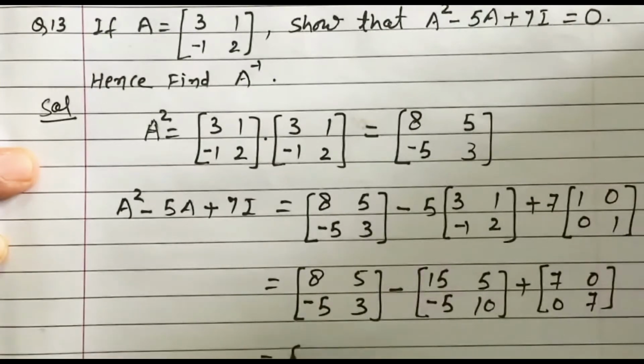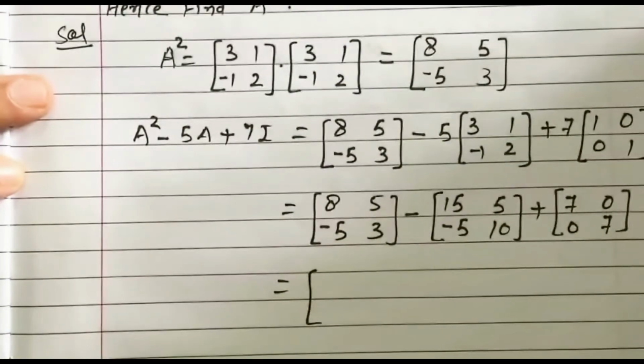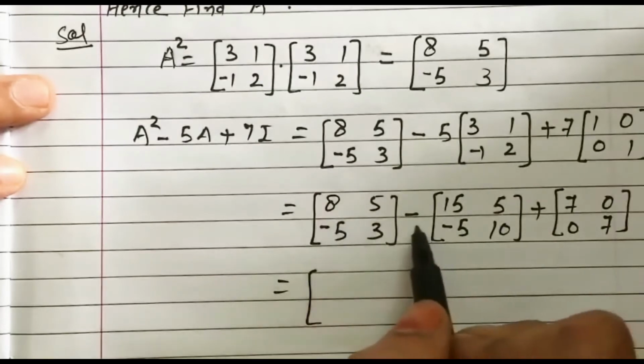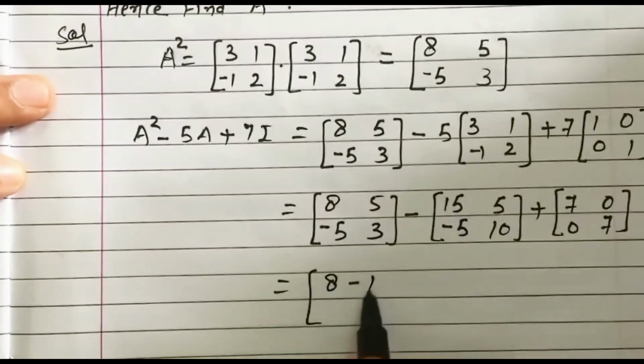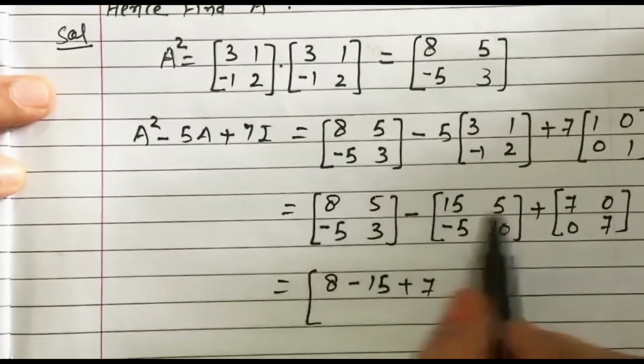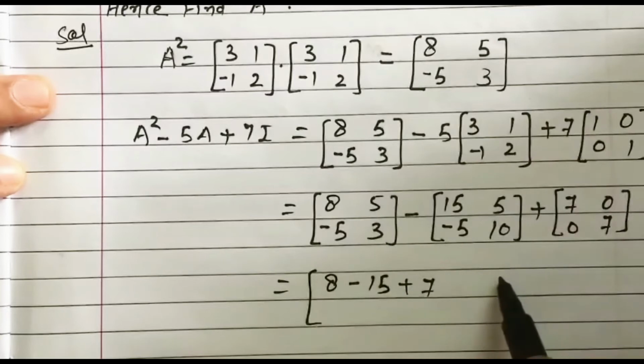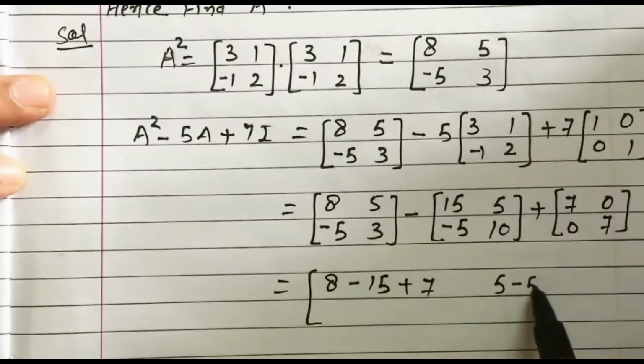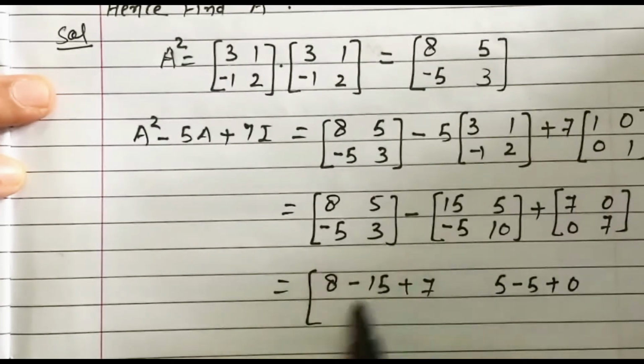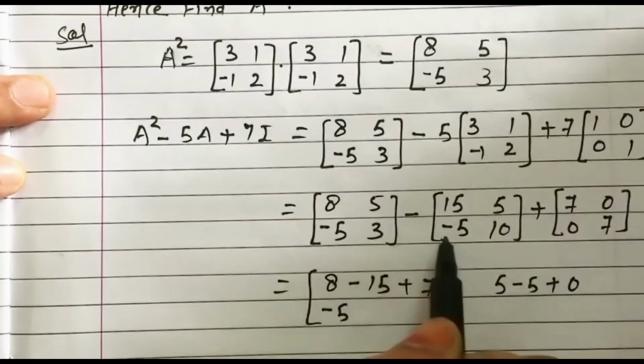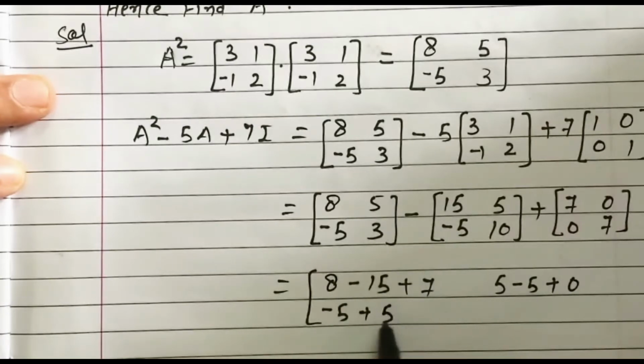Now add these. Here 8 minus 15 plus 7 is the first element. The second element is 5 minus 5 plus 0, so it's 0. The next is 3 minus 10 plus 7.